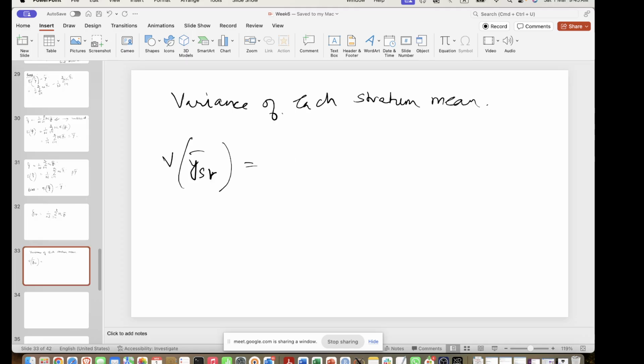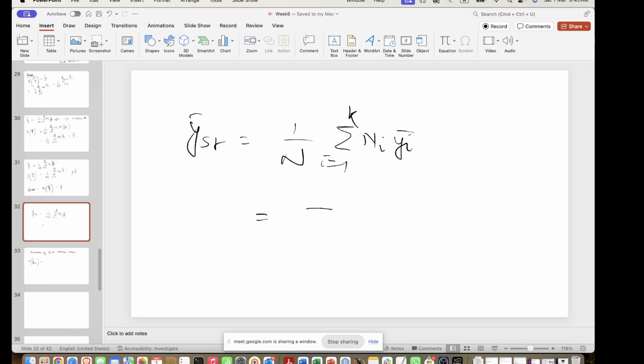So variance of y bar st, once we have established what y bar st is, we can also write it as summation i equal to 1 to k ni by n yi bar.